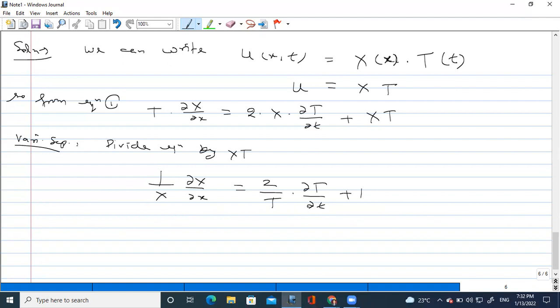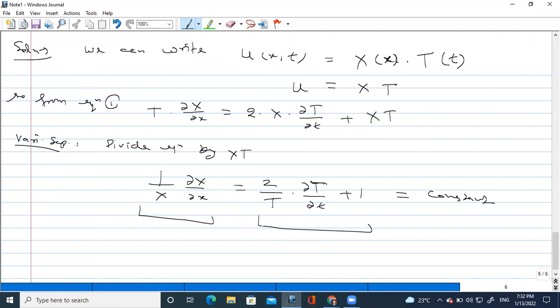Now tell me, on the left hand side pure x is there, on the right hand side pure t is there. So it is variable separable. Okay. Now because this is independent of this, understood? This is independent of this and both are equal. This is possible only because variable connection is not there. T is a separate function, X is a separate function, and both are equal. This is possible only when it is equal to some constant.